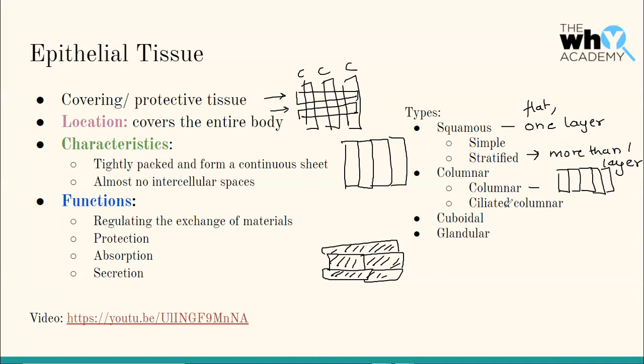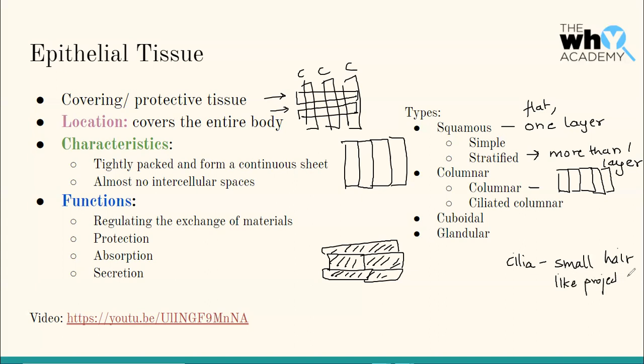And then you have something called ciliated columnar. So cilia refers to small hair-like projections, right? This is again one more word which you'll keep coming across in biology.